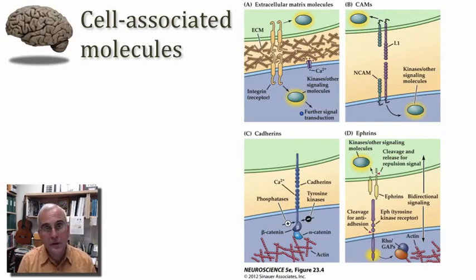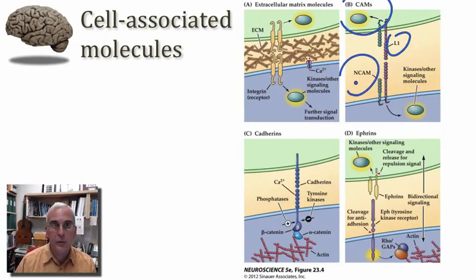There are certain classes of cell adhesion molecules that don't require the activity or the presence of calcium. And so that's what's shown here in panel B. So these cell adhesion molecules, or CAMs for short, that are depicted here would be the L1 CAM as well as the neuronal cell adhesion molecule called NCAM.